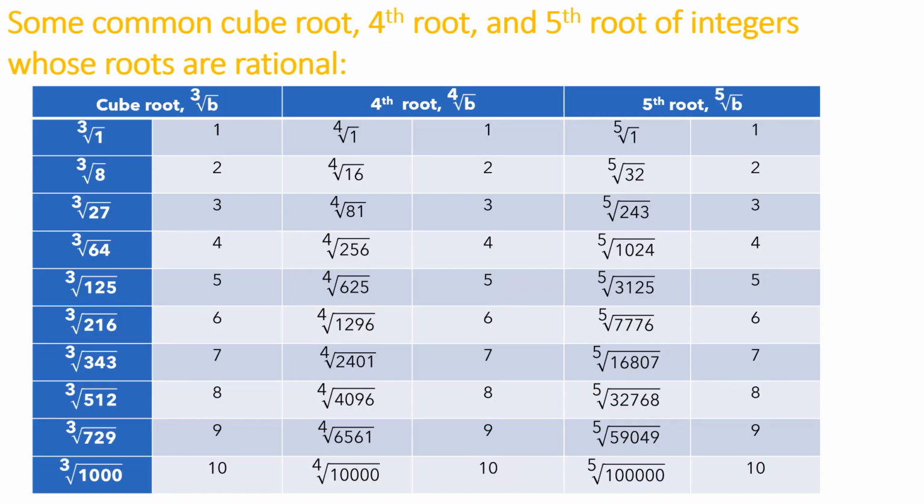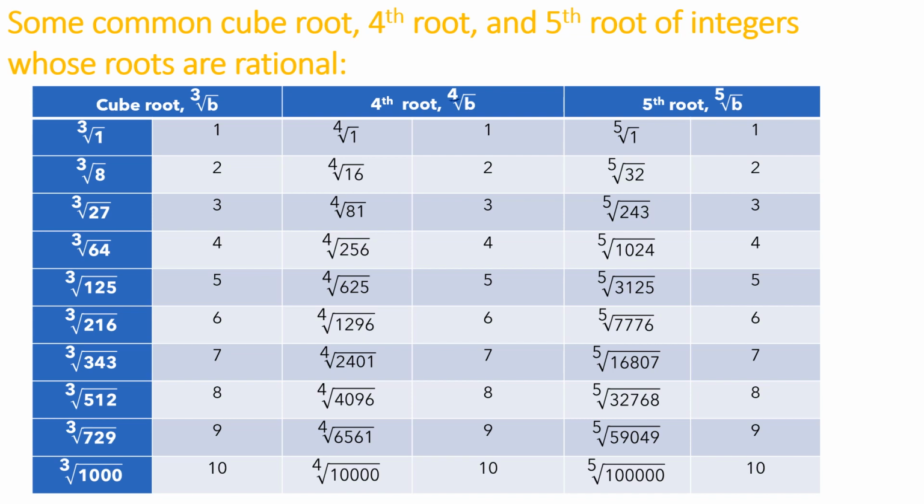Here are some common cube roots, fourth roots, and fifth roots of integers whose roots are rational. Can you see here? The cube root of 1 is 1, the cube root of 8 is 2. These are some of the most common perfect cubes.